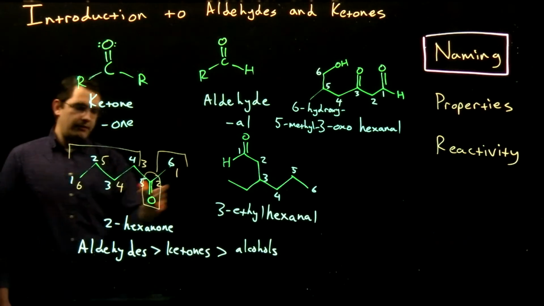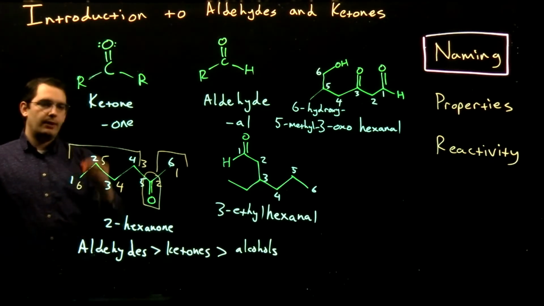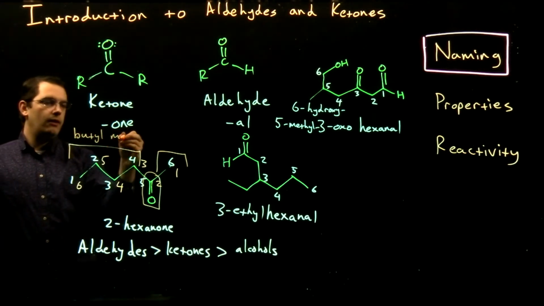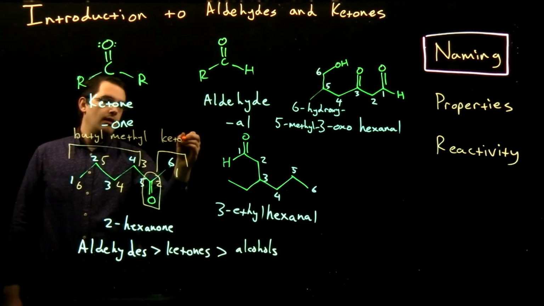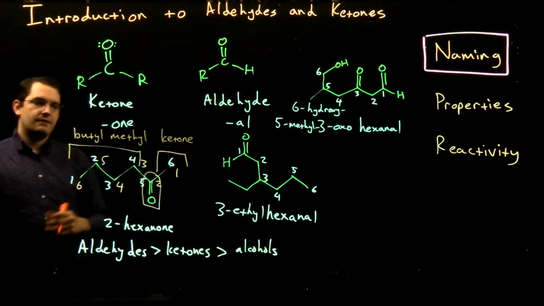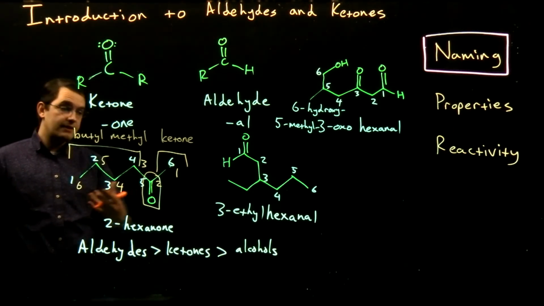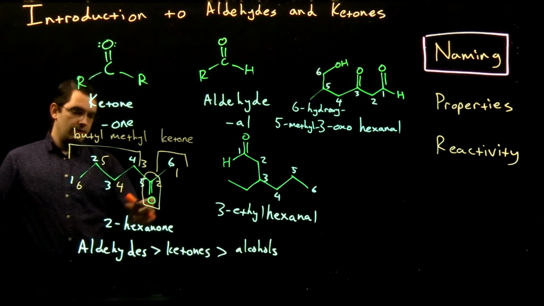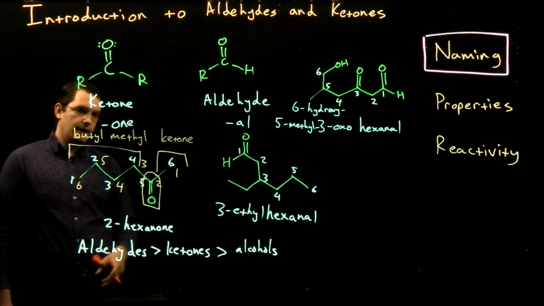So this would be methyl, this would be butyl with 4 carbons, and this would end up being a butyl methyl ketone. So you do see this naming system occasionally, such as the methyl ethyl ketone peroxide that we use in our lab, but the substituted nomenclature system tends to be preferred for our ketones and our aldehydes.